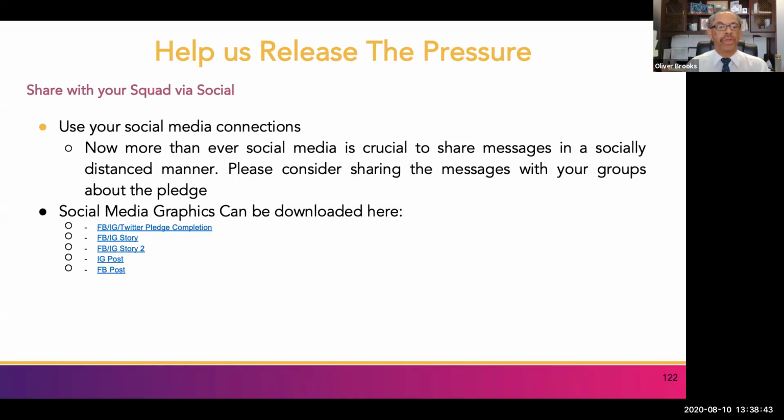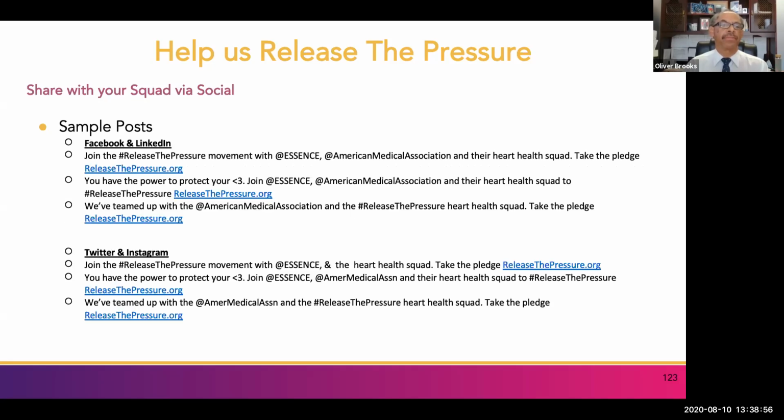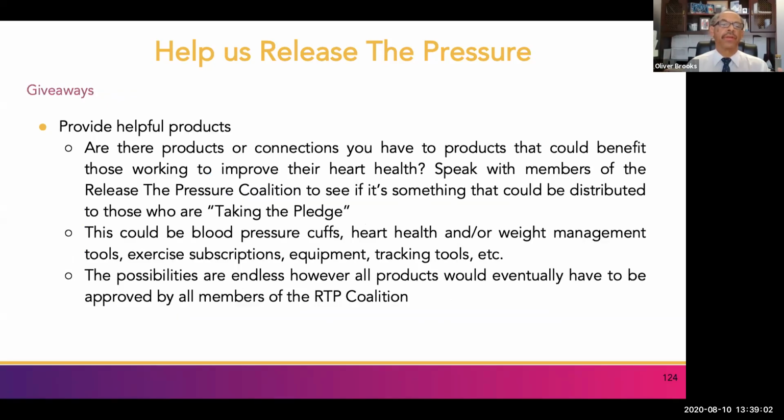And then social media. So these are 1, 2, 3, 4, 5 links that go to social media graphics that, again, as a healthcare professional, you can disseminate through your network. Next slide. And more sample posts, Twitter and Instagram. Next slide. Okay, and then develop helpful products.